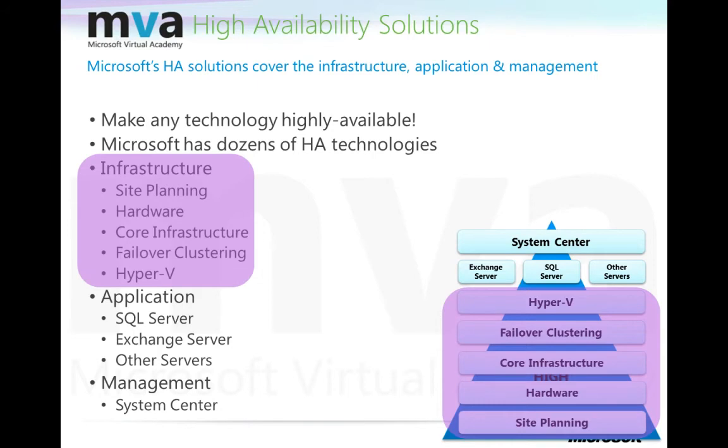Then on top of that, we're going to look at failover clustering and Hyper-V virtualization. Module 2 is going to focus on application high availability, and the third module will look at high availability in the management layer using the System Center products.